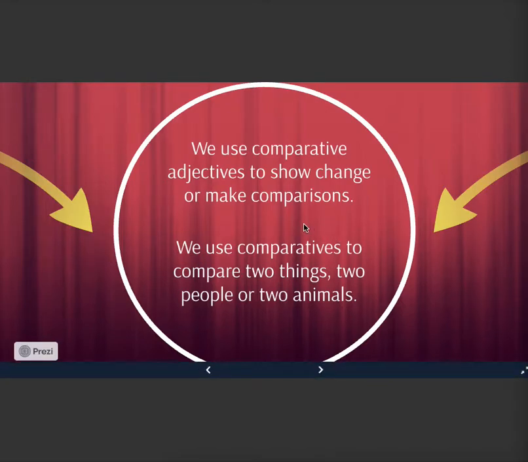Okay, so look at this. We use comparative adjectives to show change, or make comparisons, as we were saying. Basically, it is to compare one thing to the other one, or to show how a thing has changed. So basically, you can compare everything with comparatives. So that's the use. Comparatives to compare.